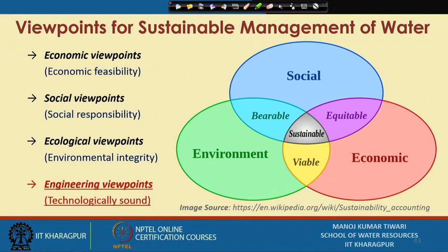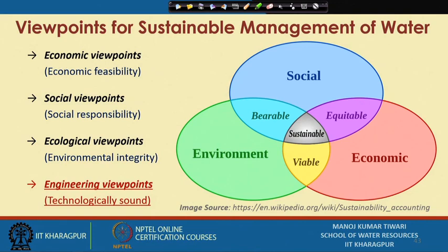Now, if we have a water supply system which is serving a particular group of people, or a particular income group of the community, and ignoring the others, it is not socially equitable and cannot be said to be a socially sustainable system.